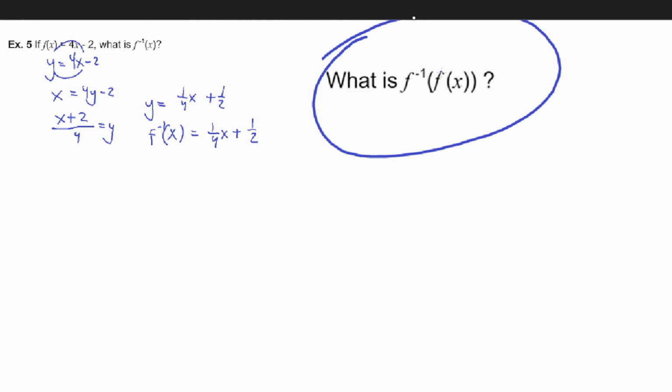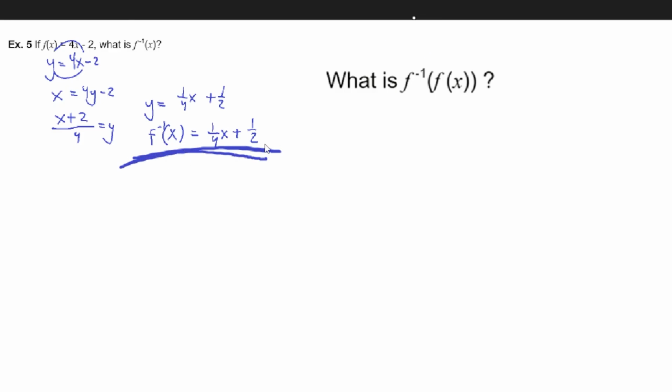Now this question, what does this actually mean? Well, we already found f inverse right here. So when they replace the x with f of x, all that means is for every x in the inverse, you're going to replace it with f of x. So what that's going to look like is f inverse of 4x minus 2, right? Because that's our f of x.